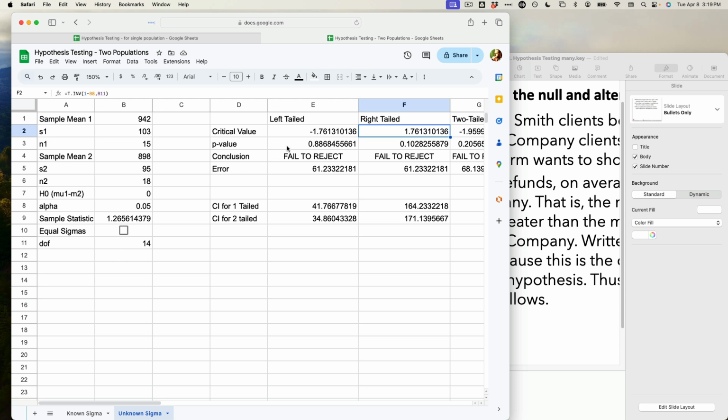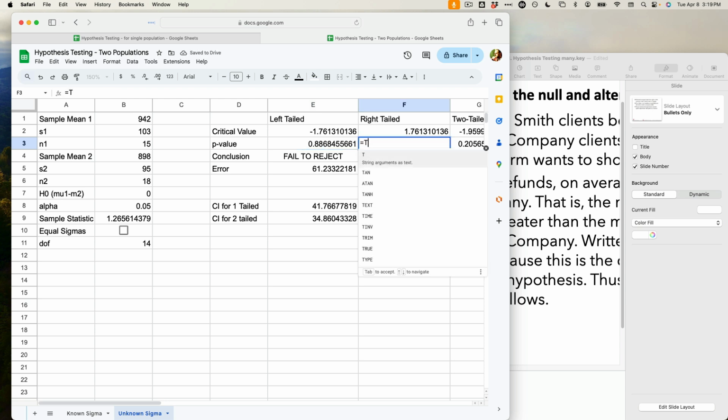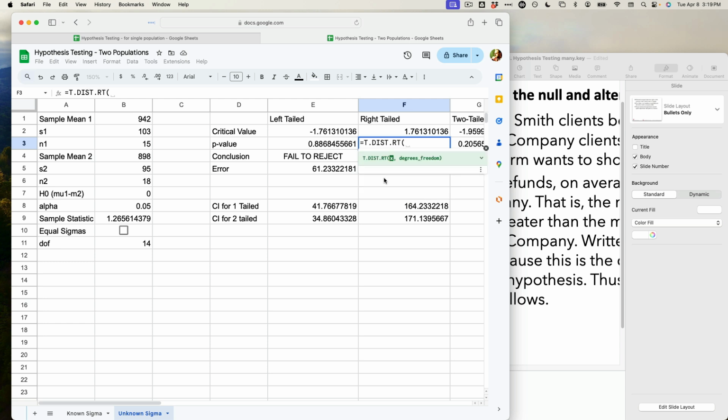Similarly, for the p-value, here we use a t-distribution. This is based on area to the left. So the p-value for the right tail is the area to the right of my sample statistic, okay? So this would be a t dot distribution. But look, here I have a right tail distribution, so I don't have to worry about 1 minus and whatnot.